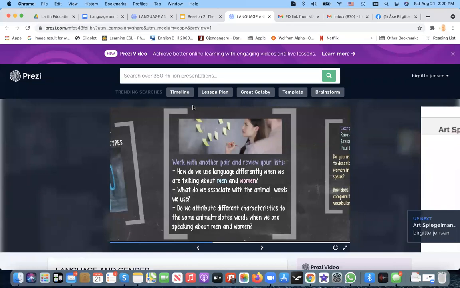So for a woman, when she's a fox, that means she's hot. For a man, when he's a fox, it's often used with silver fox, meaning an older man who is stylish, right? So it has a slightly different meaning. A swan is a beautiful woman, but you wouldn't use that necessarily for a man, right?